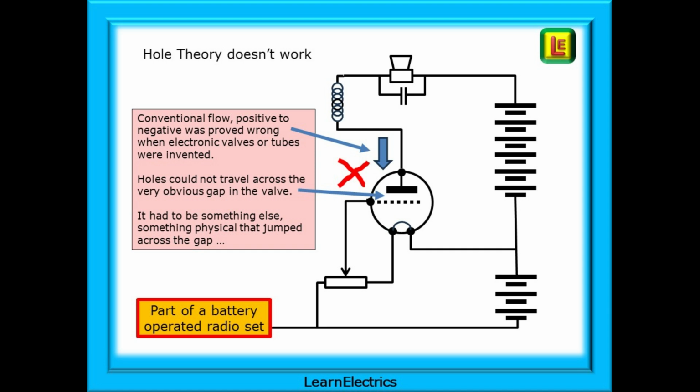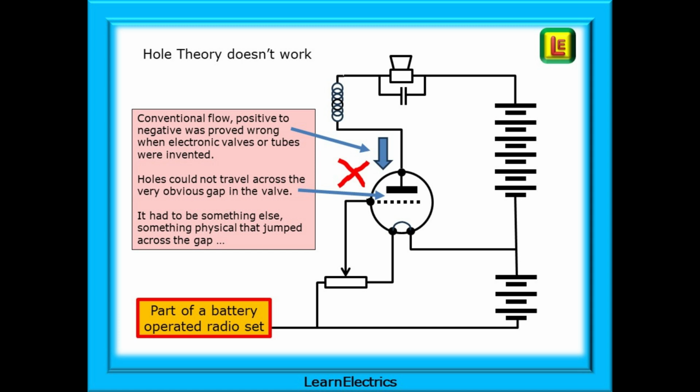Okay, on to hole theory and why it doesn't work. As we said, for the first few decades of this new electrical science, it was always assumed that current flowed from positive to negative. And then new devices were invented that transformed the world: valves, transistors, integrated circuits.